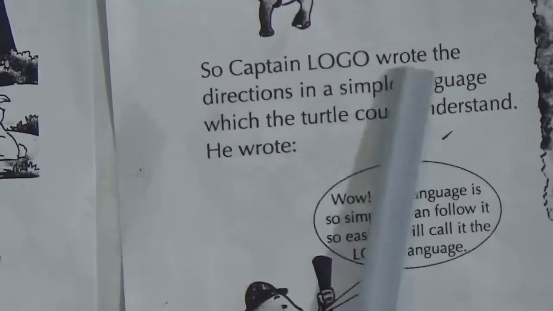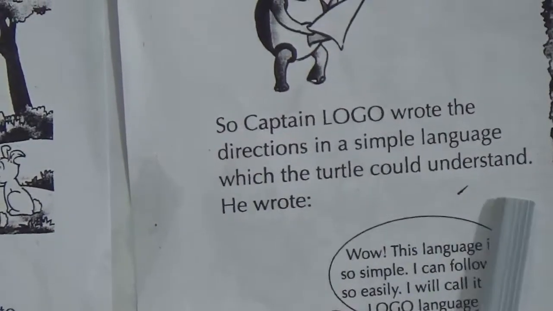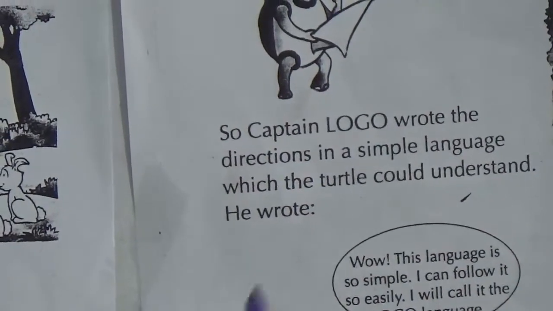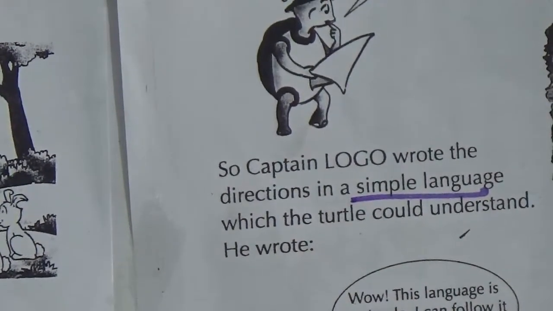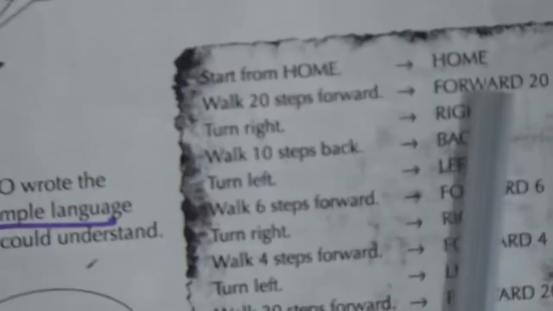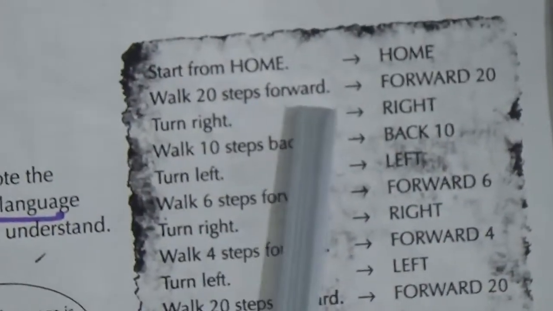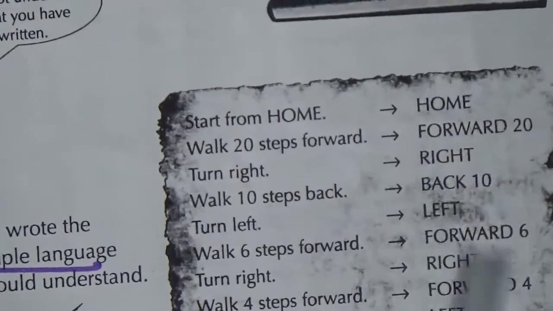So Captain Logo wrote the directions in a simple language which the turtle could understand. Start from HOME, with capital letters. WALK 20 steps FORWARD. Look at the directions: they were all in capital letters.